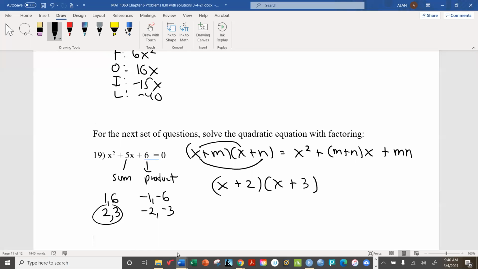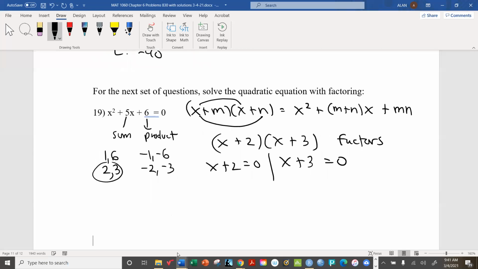But we want the solutions. These are the factors, so we set them individually equal to 0, and we end up with our two solutions, -2 and -3.